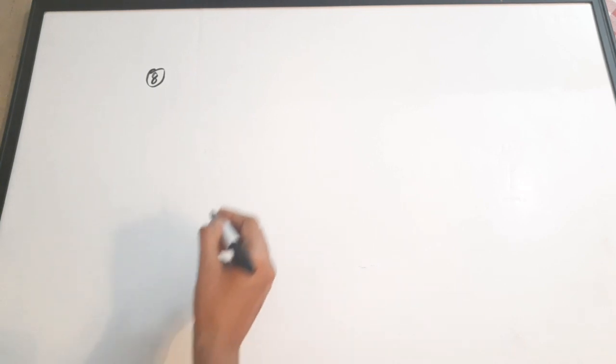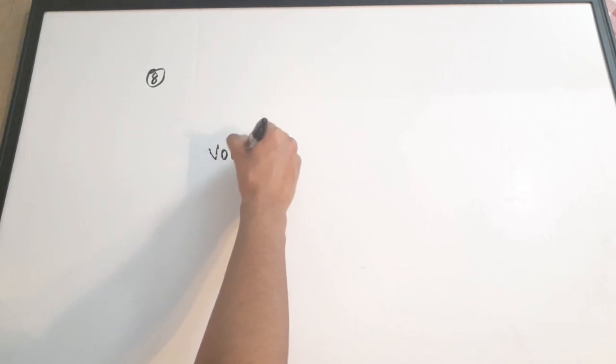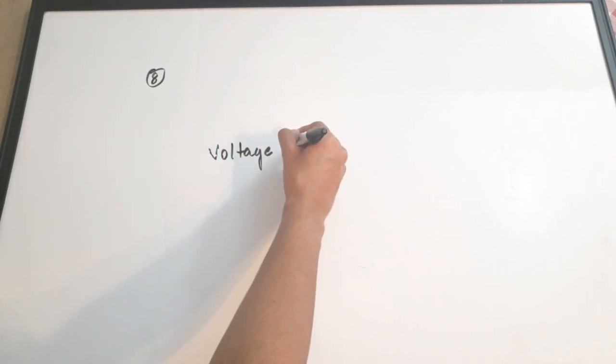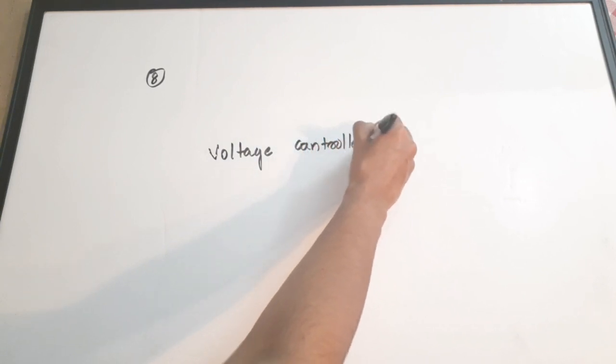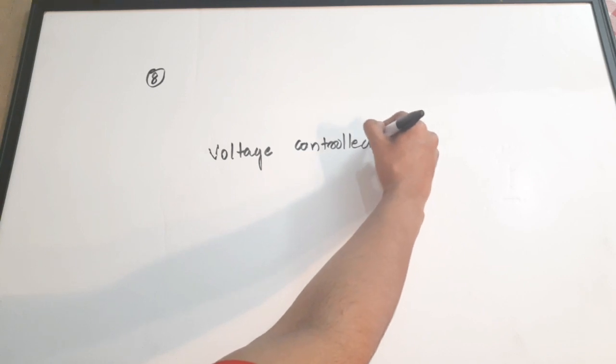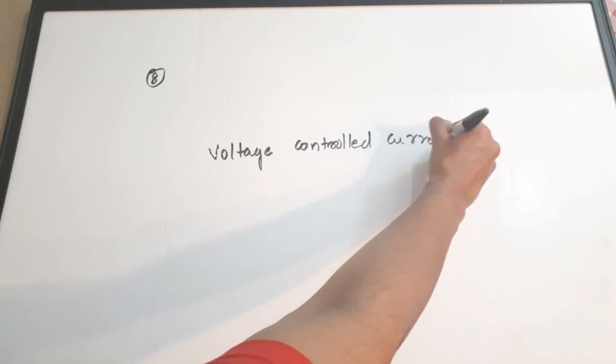The 8th question. The action of a JFET in its equivalent circuit can be best represented as, correct answer is option D, which is voltage controlled current source. Okay, it can be expressed as a voltage controlled current source.